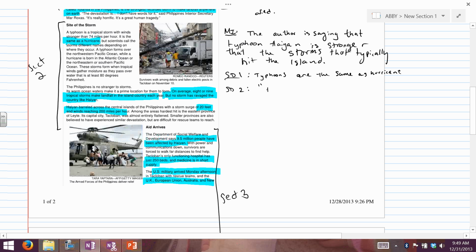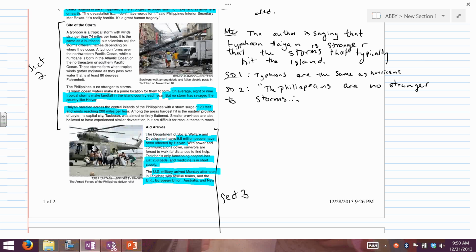The Philippines are no stranger to storms. And why don't we use an ellipsis so we can jump ahead, because we're looking right here. The Philippines are no stranger to storms. And we'll use the ellipsis so that we can get the next part.